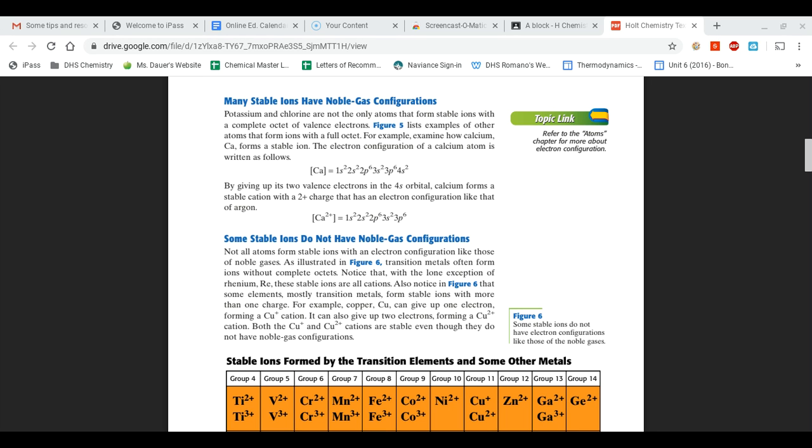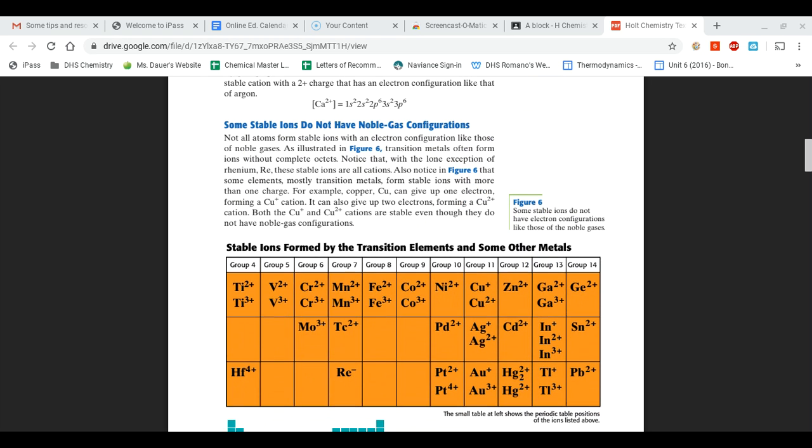Again, those full, large numerical values, 1, 2, 3, 4, 5, 6, 7, versus those s, p, d, and f refer to our orbital types, and the superscript above describes how many electrons are in each orbital. So if we say, oh, I'm at the highest energy level of 4 for calcium, and we have this s2, that means it has 2 valence electrons. They are located in its s orbital.